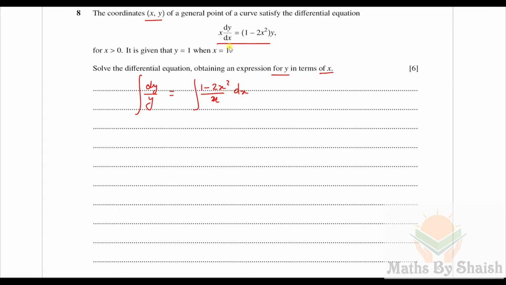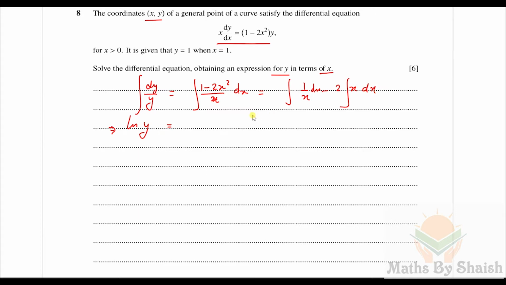I'll transfer x and dx over there and y this side, and it becomes ln y is equal to, we could have written it like that, integral of 1 over x minus 2 times, I am separating it, 2x square over x, that is x dx.